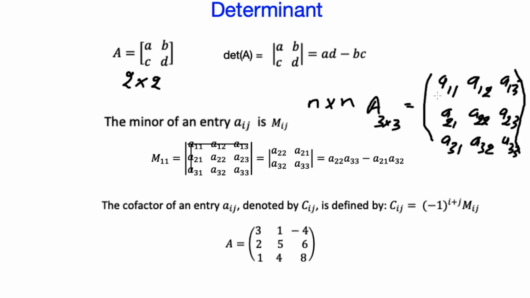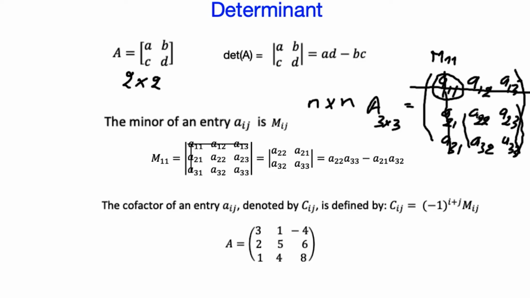For example, for the first entry here, A11, we need to compute M11, and to compute it, we need to delete the row and the column that contain it. So we delete this row and this column and compute the determinant of the remaining matrix.